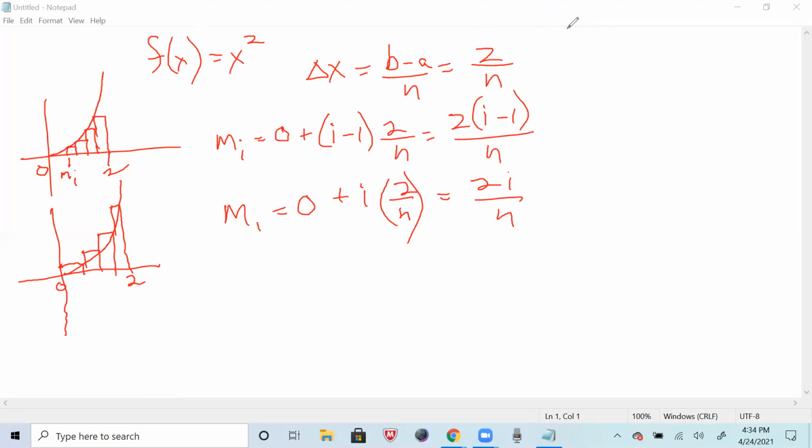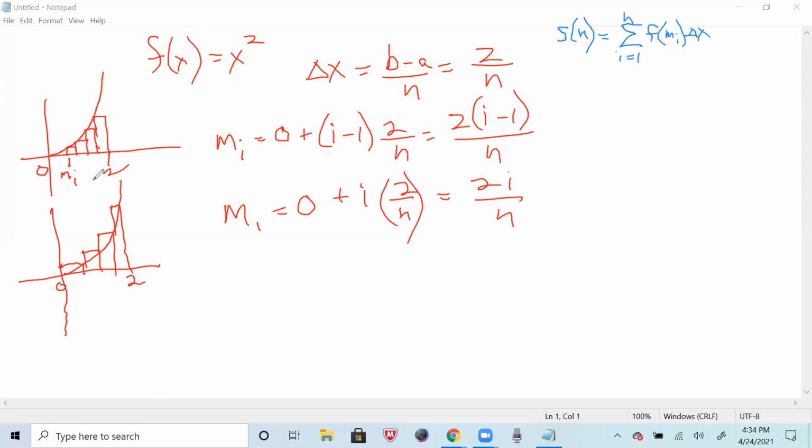If I want the sum of the areas, then it's equal to the sum where I goes from 1 to n of f of little m sub I times delta x. That would give me the sum of those 4 rectangles.